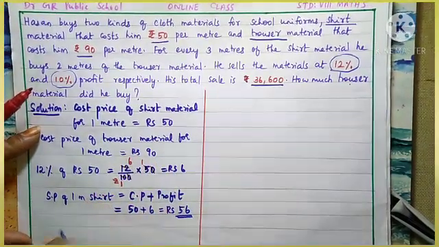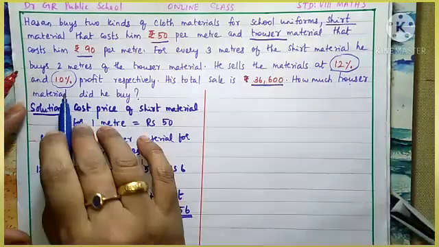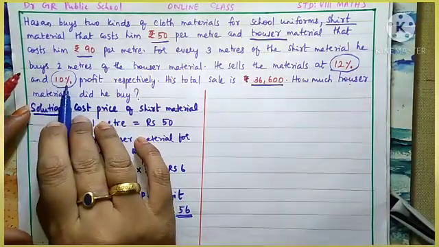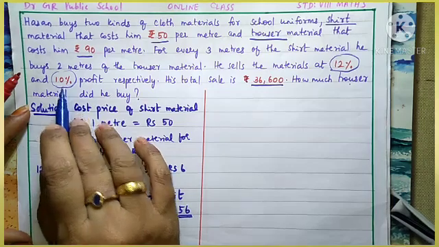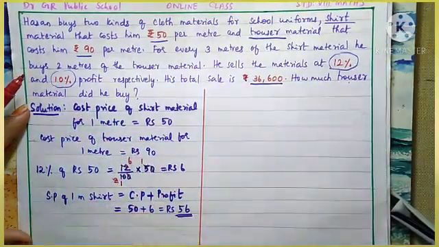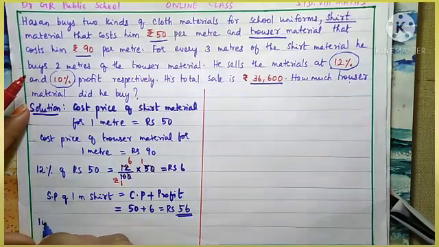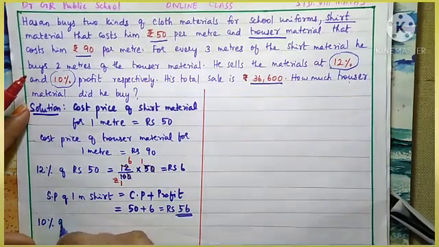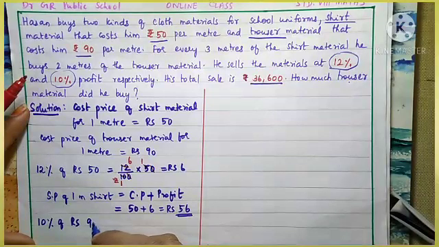Shall we write? Okay. So how many profit is for trouser material? 10% profit. And how many is the cost price of trouser? 90 rupees. So similar way we are going to find out the percentage for rupees 90. Okay.